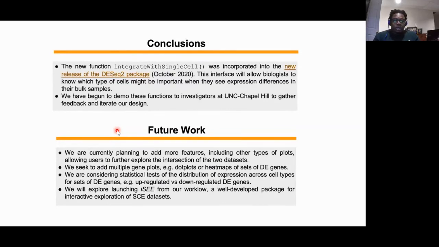In the future, along with adding various other plots and other statistical tests, we are interested in exploring launching with iSEE because it's a well-developed package for the integration and exploration of single-cell datasets.